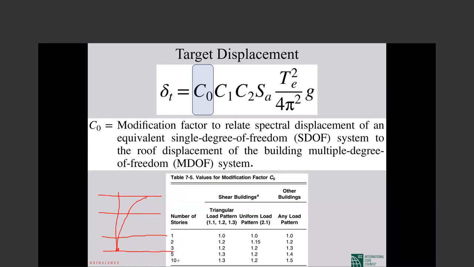We call them bending type deformation, like a bending cantilever, for example. But sometimes some systems deform under lateral force like this.